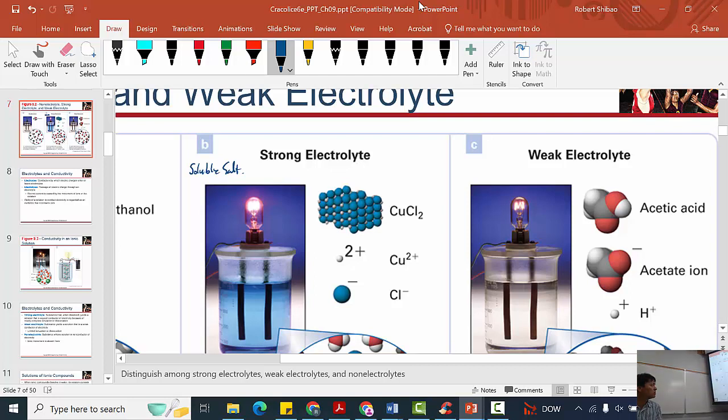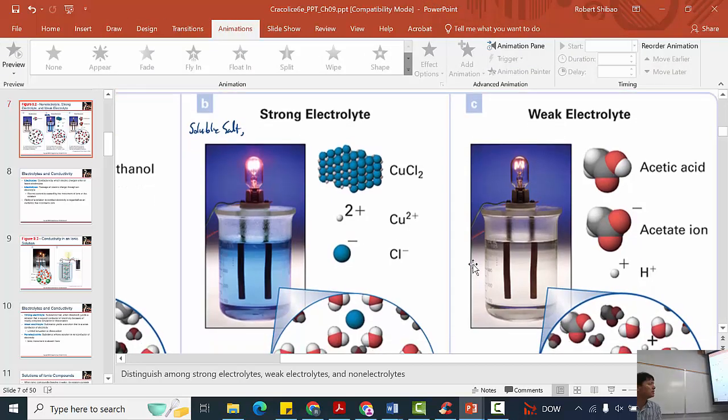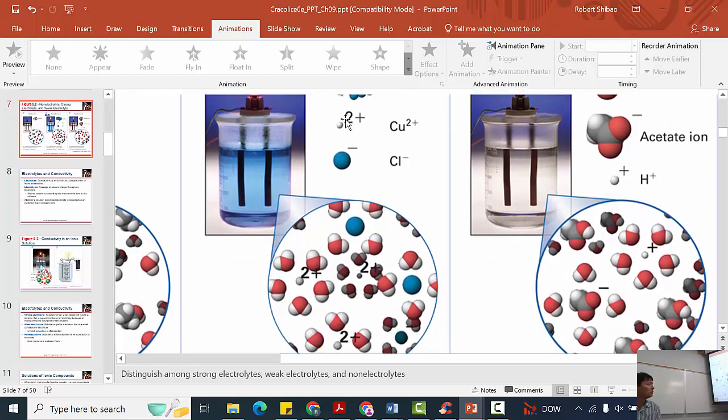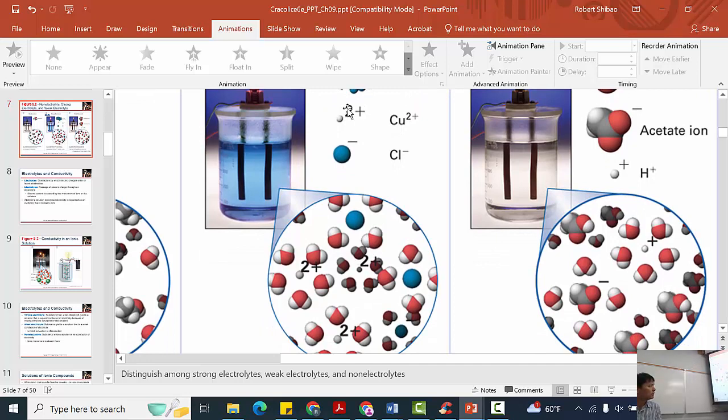So strong electrolytes are soluble salts. Copper 2 chloride is a strong electrolyte. It's a soluble salt, and what that means is it dissociates into the ions. The water molecules tear apart this lattice. And what do we call this little structure? Well, this is where the water molecules surround the copper ion.